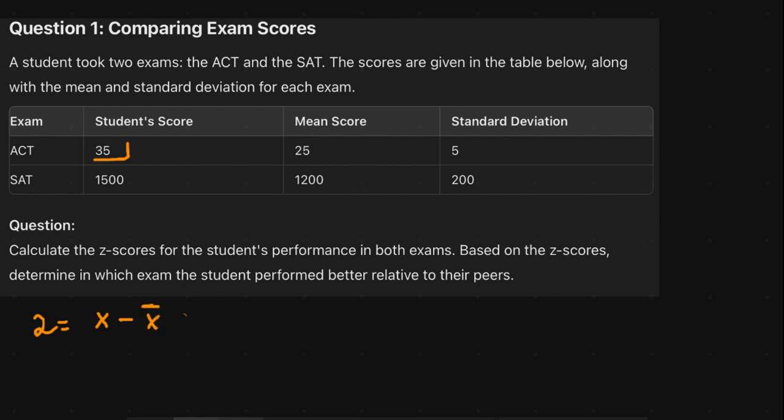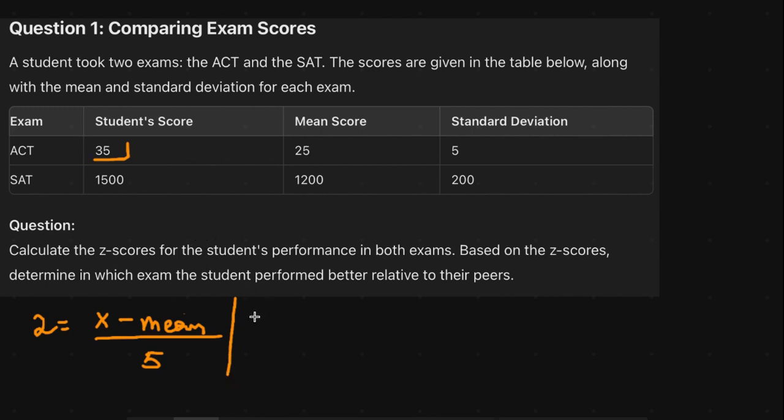You want to divide this difference by the standard deviation of these scores. So this is the formula for finding z-scores, and let's apply it to our particular case.